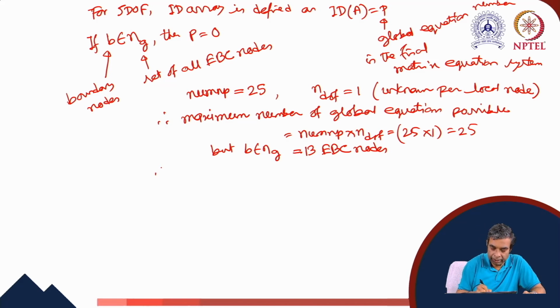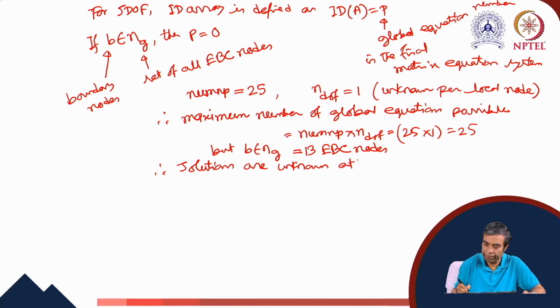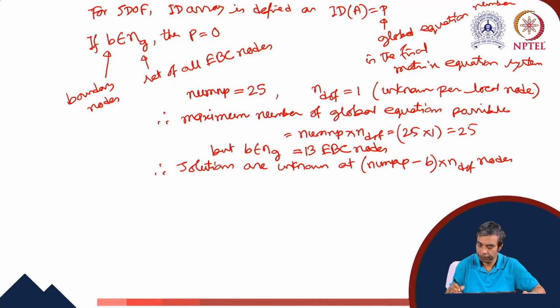Therefore, solutions are unknown at num np minus B into NDOF nodes, which equals 25 minus 13 into 1, equals 12 nodes.